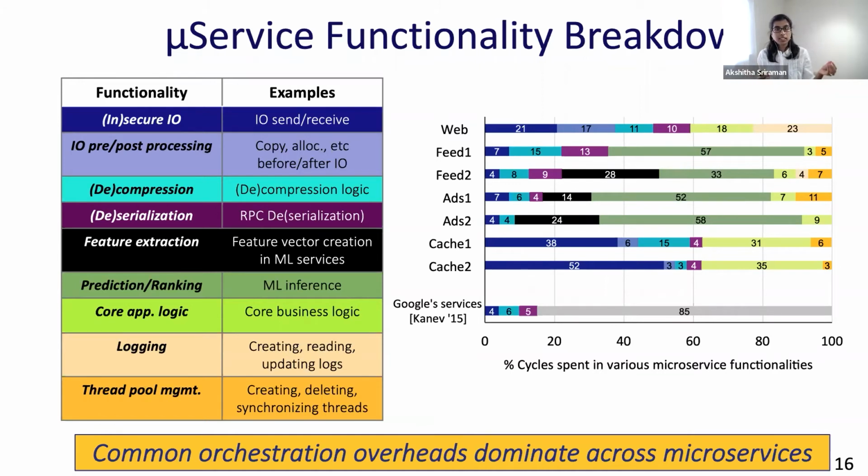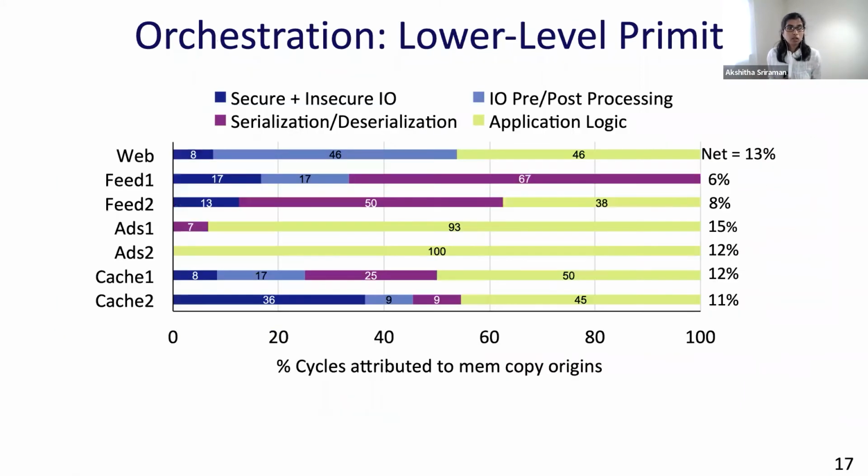Instead, accelerating all of these underlying orchestration overheads is going to have a greater benefit, as it will improve performance across the global data center fleet by accelerating not just one microservice, but several microservices that they are common amongst.